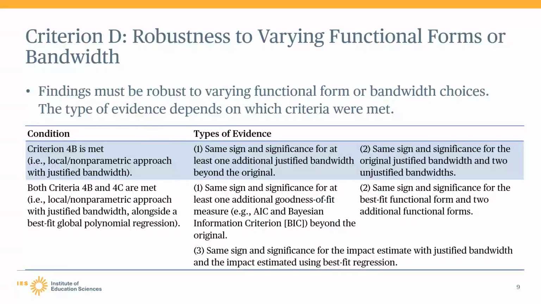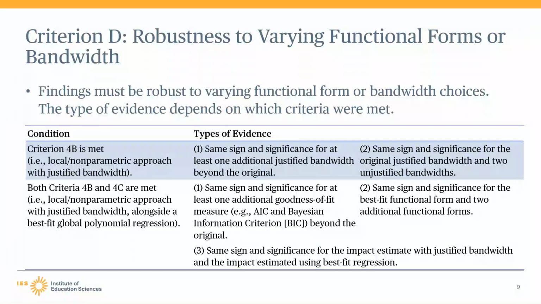Criterion D of the functional form and bandwidth standard requires that findings be robust to varying functional form or bandwidth choices, depending on the type of analysis approach that is used in the design.